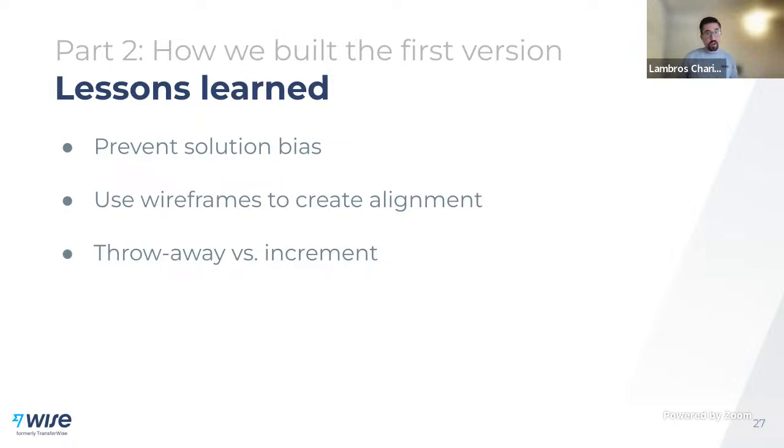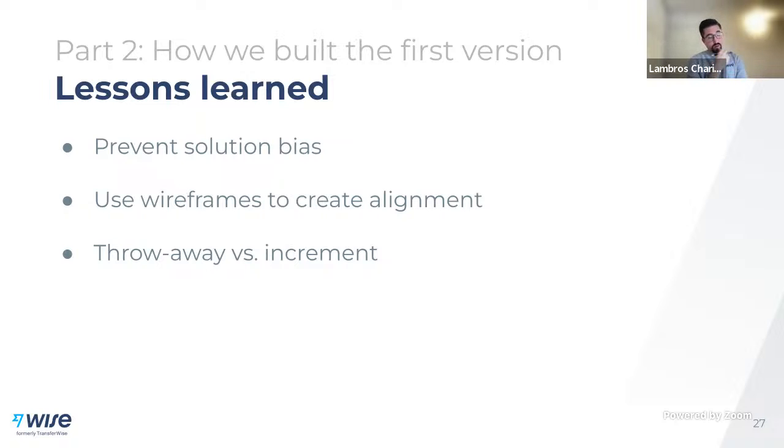And lastly, I think this is also pretty important, this question around, do you want to have a throwaway alpha or an incremental alpha? Meaning that, do you want to build the alpha, validate it, and throw it away, right? And then you know you can move on. Or do you want to build up on it later on? It's tricky, right? So in our case, I think we did spend a little too much time on the alpha, I think on 3 months or so.